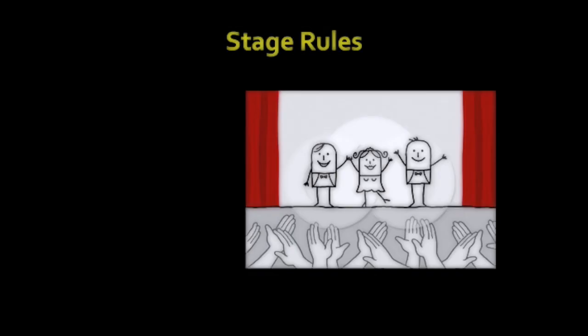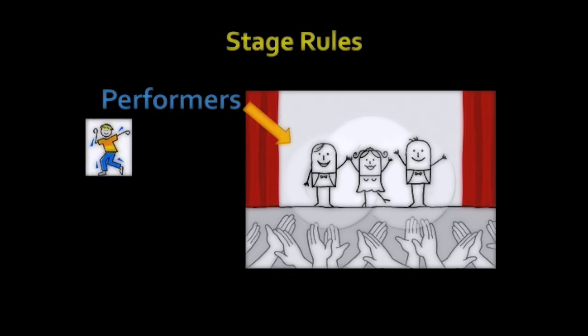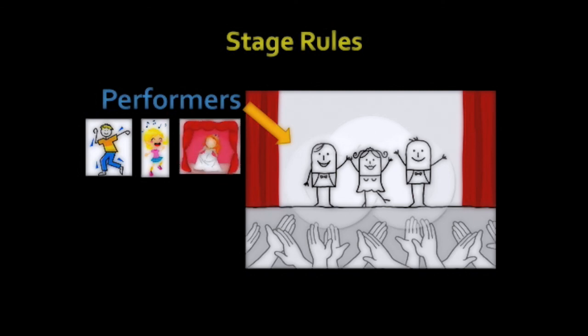Let's recap the stage rules one more time. What do we do at a stage? Remember, it depends who we are. They're the performers. What do the performers do? They dance, they sing, or they act.